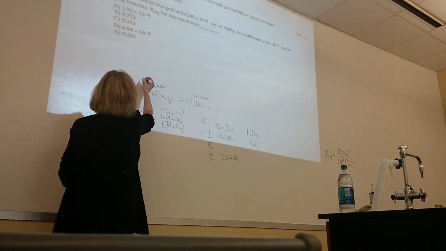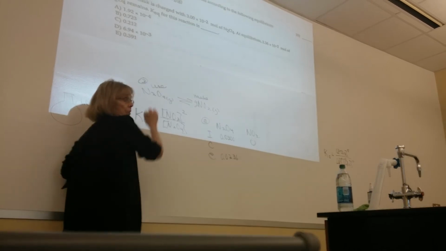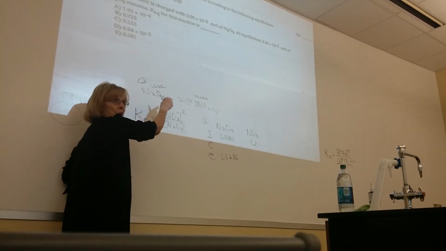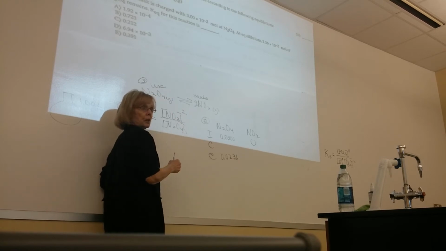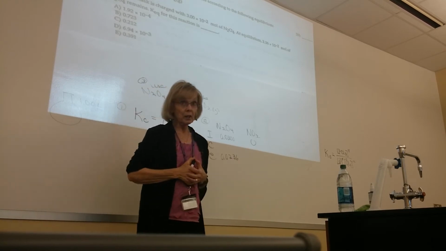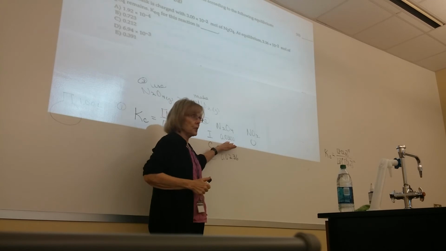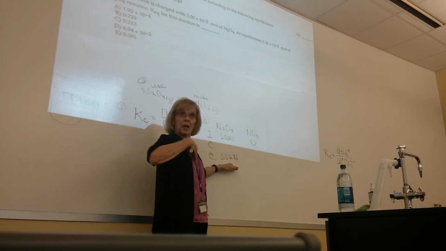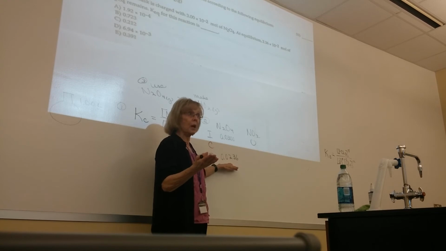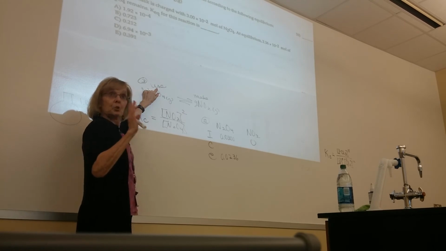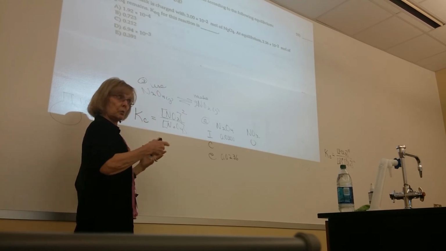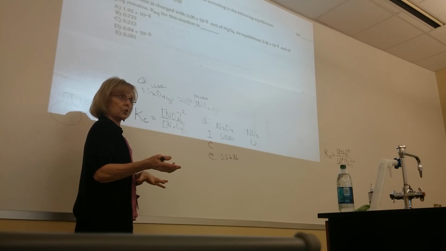Step 3, I think it's very, very useful to use these verbs here. Anything on this side we're making, anything on that side we're using. So what they're telling us is, the first of the day, I started with this much, and at the end of the day, I ended up with this much. But that doesn't tell us right now how much we used. It just said you started with so much, you ended with so much.